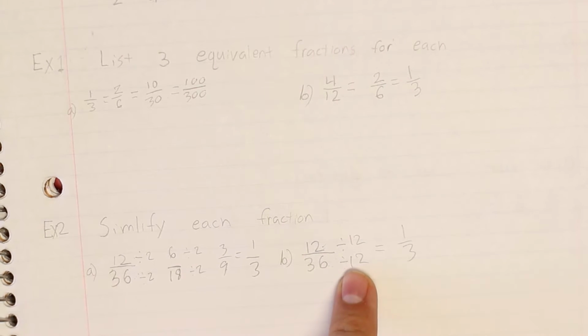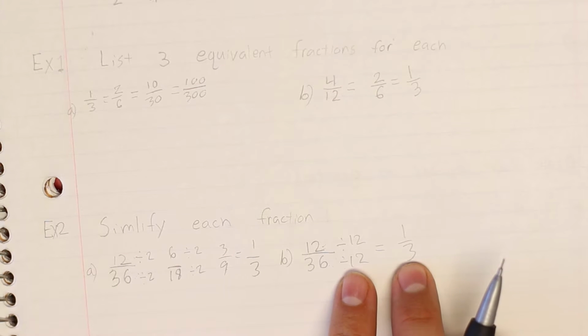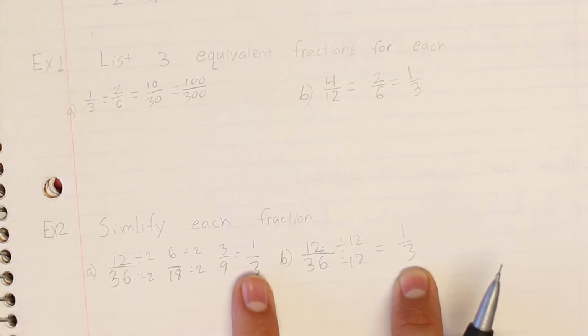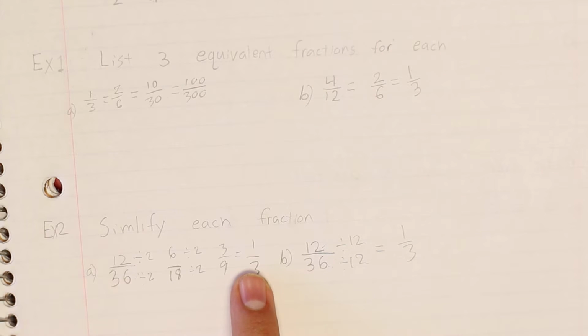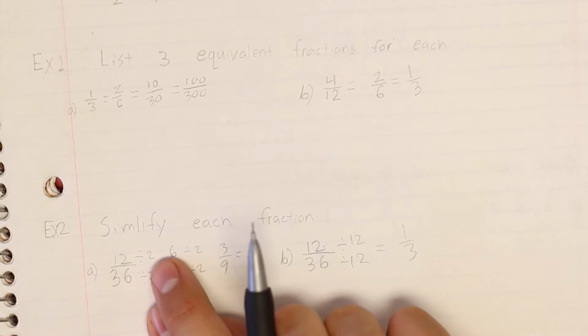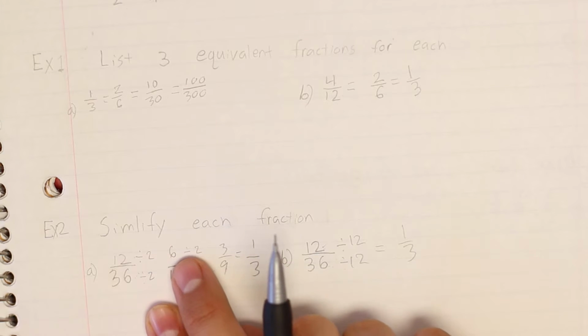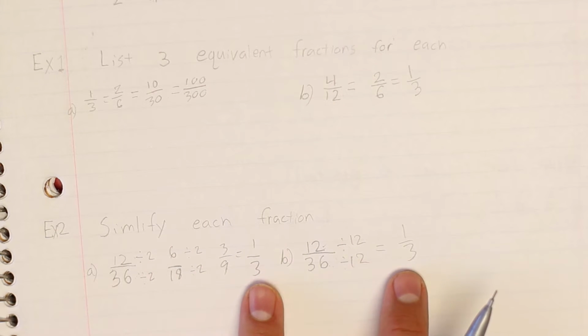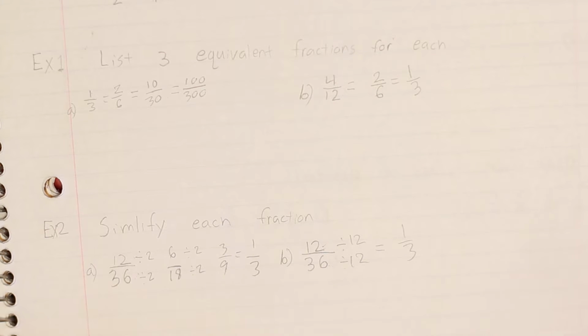So if you find the GCF first, it allows you to do it in one step. You can get to the simplified number in one step, as opposed to doing multiple steps, okay? But if you can't find the GCF easily, I recommend you just find a factor and divide by it and work your way down that way. Either way, you get the same answer. Some ways are just easier than others.